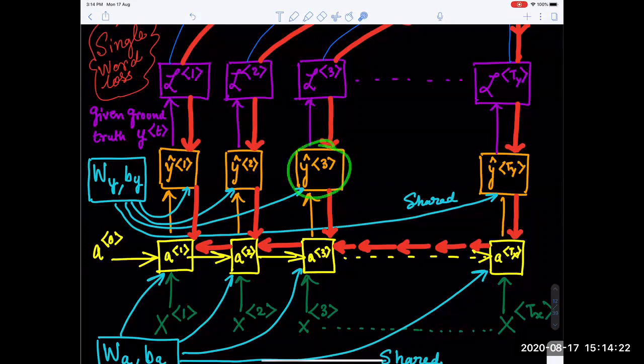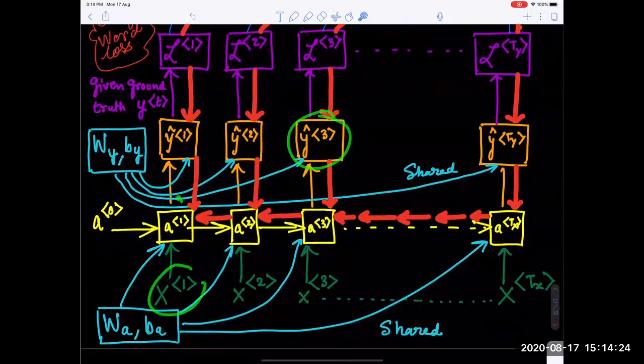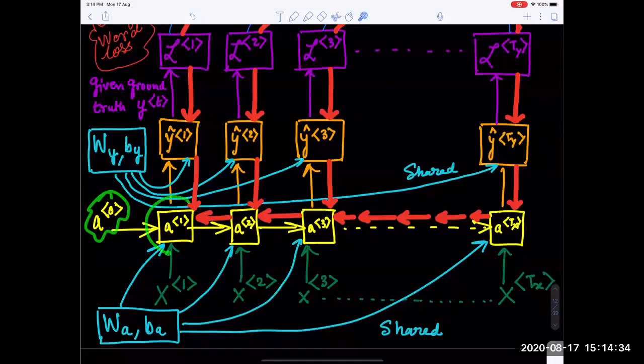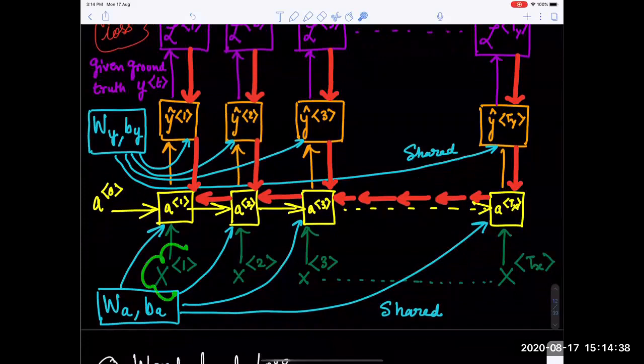Let us see how it works. With X1, you have this network which is being unrolled, and this is your single recurrent unit that we have already seen in great detail. This is the initial state of the recurrent unit, and then X1 determines what my next state is.